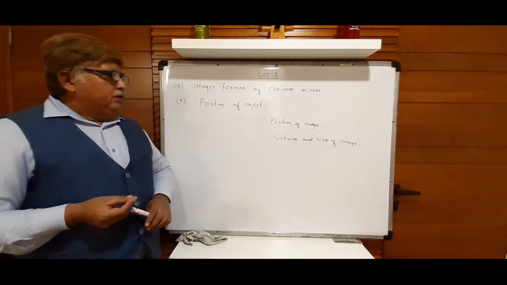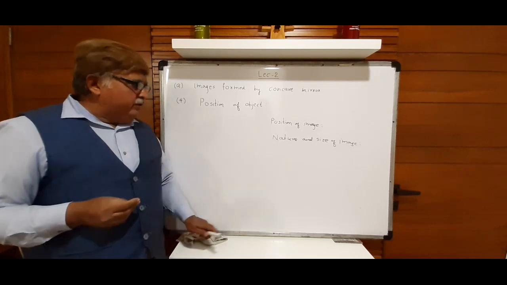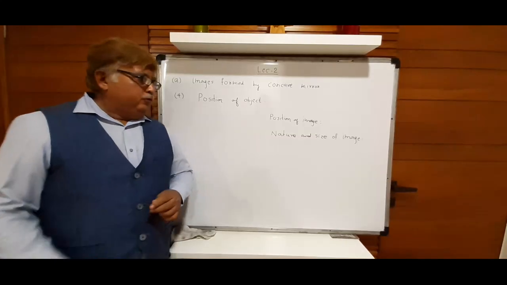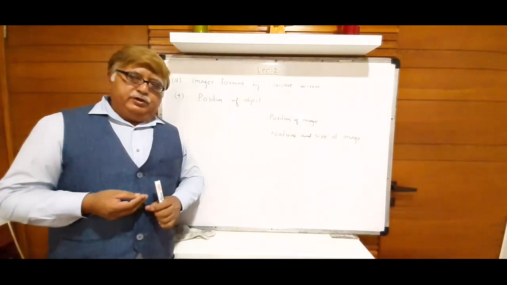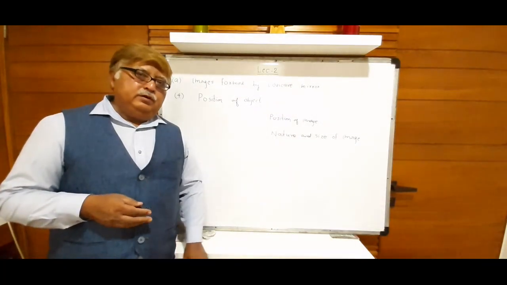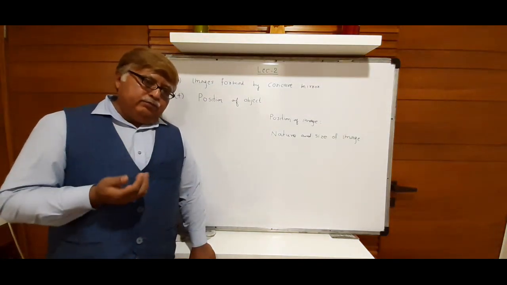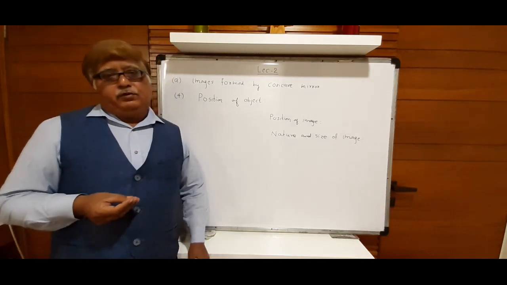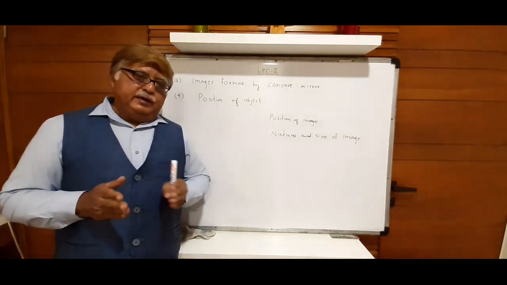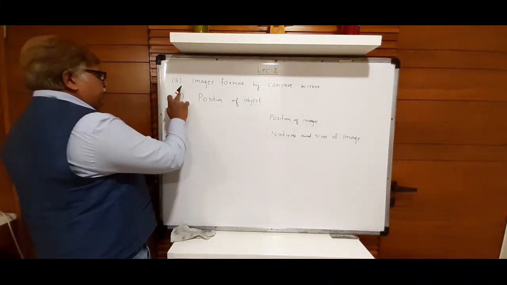Okay, we are going to position the object nearer and nearer to the mirror. So diagram number 4. Initially object was at infinite distance, then at center of curvature, away from center of curvature, then at center of curvature, then between F and C. Diagram number not 4, it is diagram number 5 now.